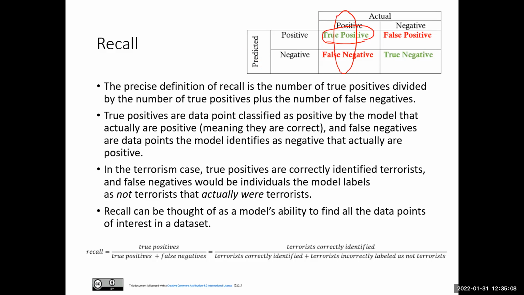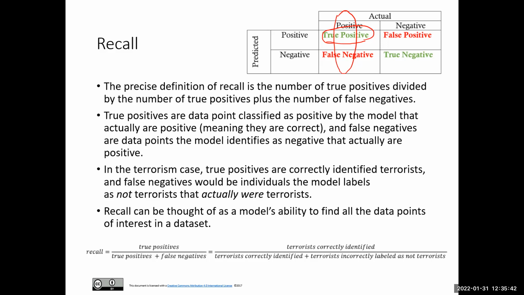True positives are data points classified as positive by the model that actually are positive, meaning they are correct. And false negatives are data points the model identifies as negative that actually are, in fact, positive. In the terrorism case, true positives are correctly identified terrorists, and false negatives would be individuals the model labels as not terrorists that actually were terrorists.